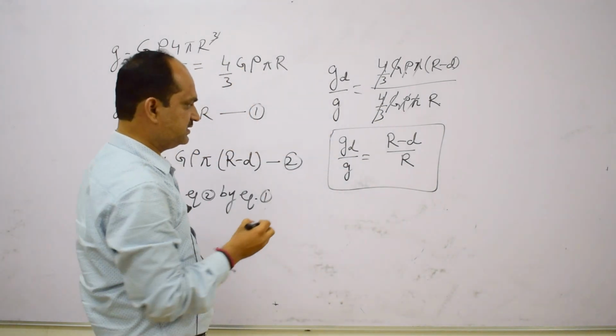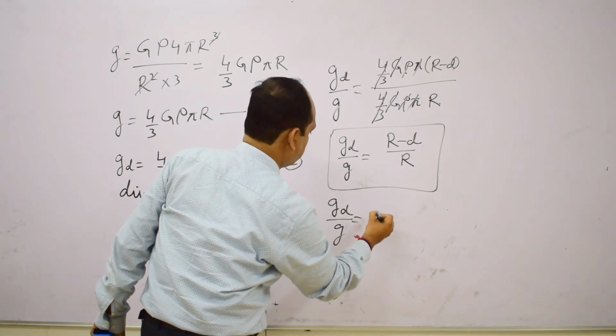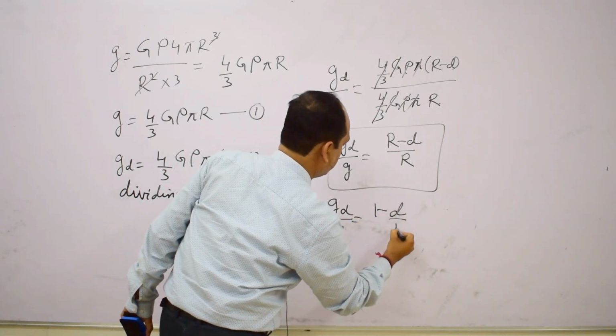Now we can write this as gd/g = 1 - d/R.